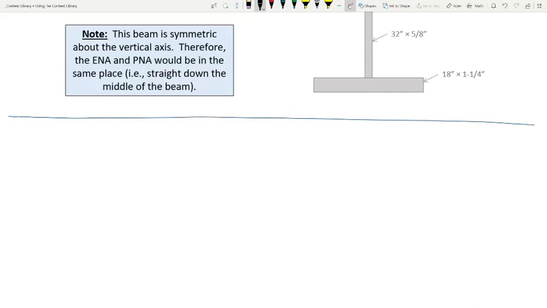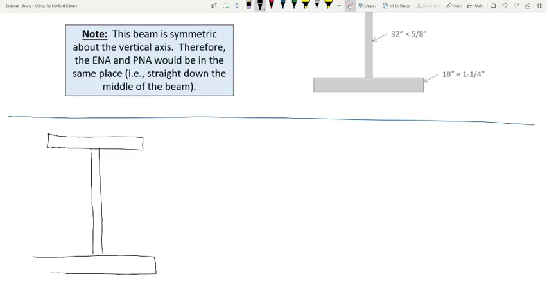So let me redraw this I-beam a bit. Okay, everything's going to be in inches right here.